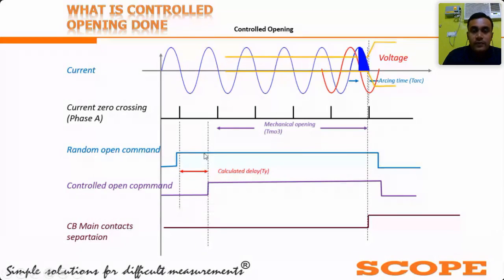This calculation is performed on the basis of the timing inputs, the breaker's main contact and pre-arcing timing inputs, which we provide at the time of commissioning. On that basis, this relay took this delay.